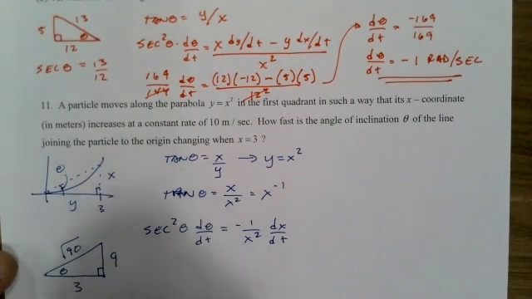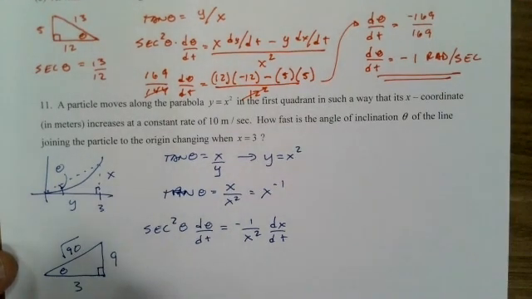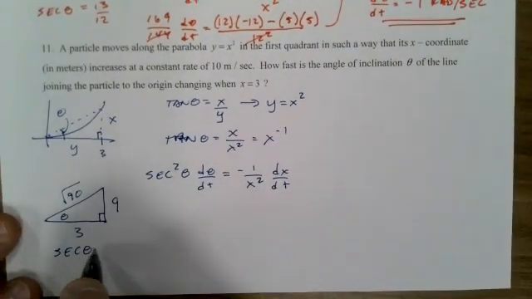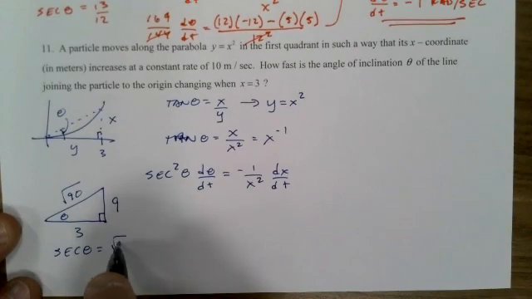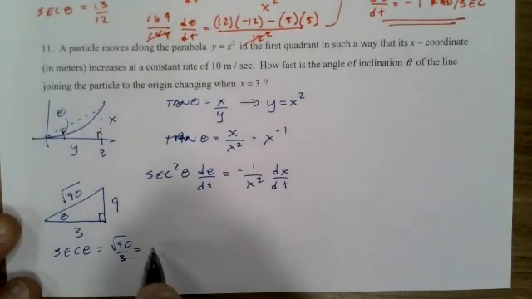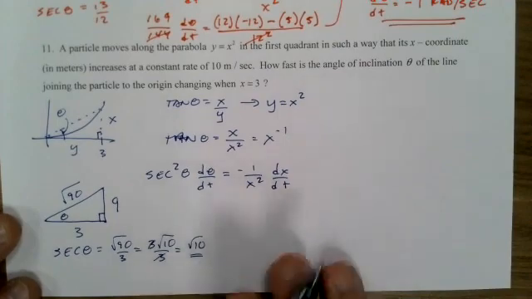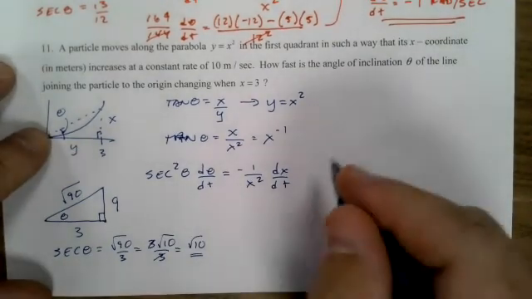I am not going to break that down at this time. So cosine is adjacent, therefore secant of theta is root 90 over 3. I actually can reduce that, so I lied that I wasn't going to reduce it. I might as well.